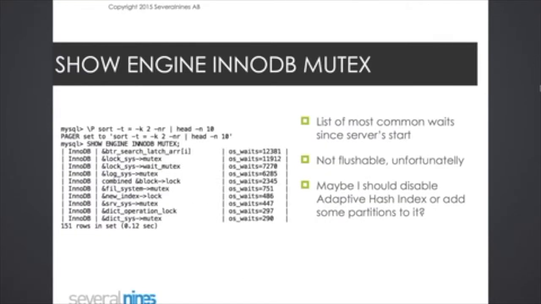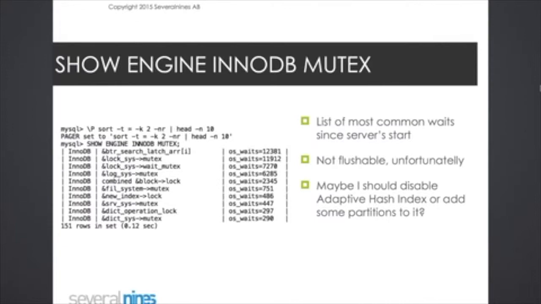SHOW ENGINE INNODB MUTEX. This command gives you a list of the most common waits in the server status. Unfortunately, it's not flushable, so you have to work more on the deltas than the actual values. On the left side, you can see the top 10 waits in my cluster under the sysbench workload.